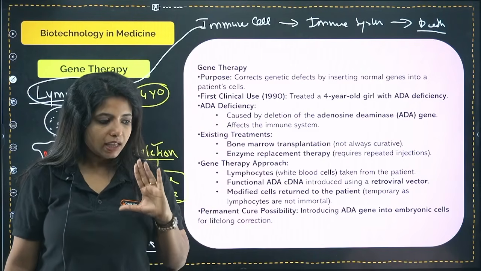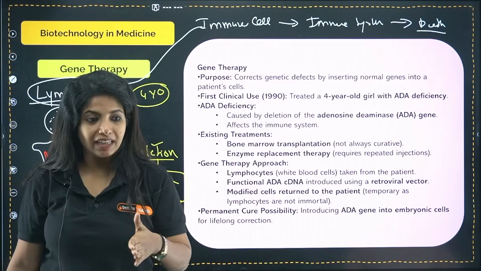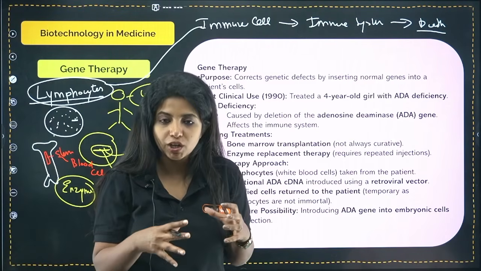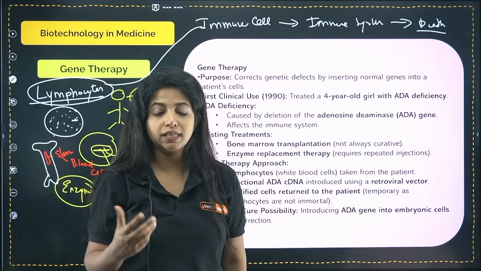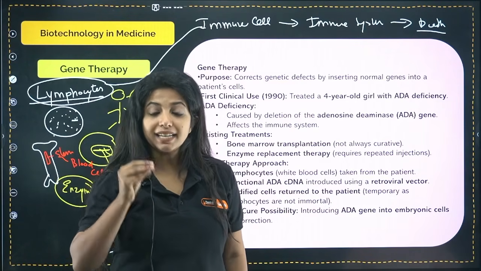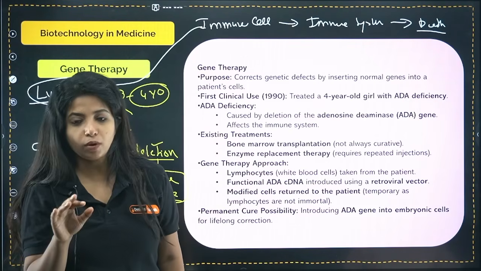Now, if you do it at the embryonic stage, when the baby is just being formed, at the embryo stage, at that particular point itself you understand that this child does not have the gene, and at that same time if you perform the gene therapy, it is all the more good. Why?